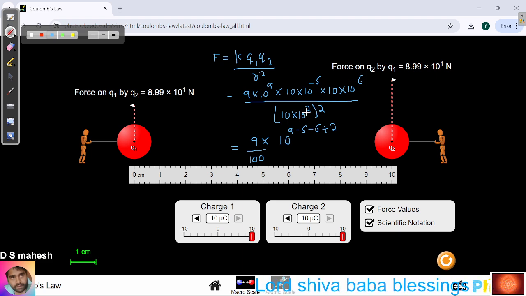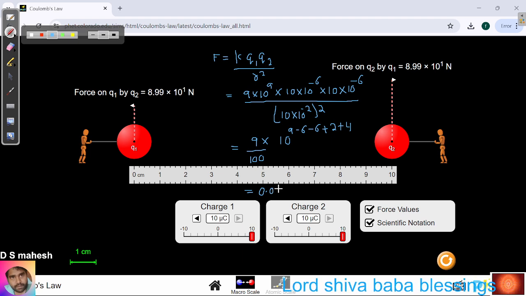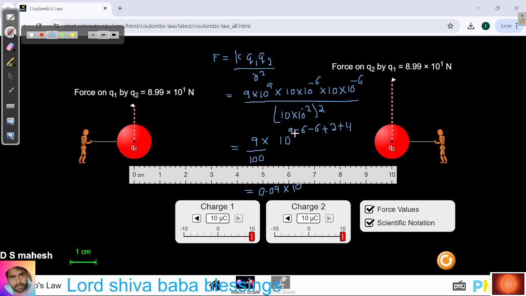Here 10 to the power of minus 2 whole square would be 10 to the power of minus 4. When it comes above, that would be plus 4. So that turns out to be 0.09. 9 by 100 is nothing but 0.09, into 10 to the power of 9 plus 2, 11, 11 plus 4 is 15, minus 12, so that would be 10 to the power of 3.